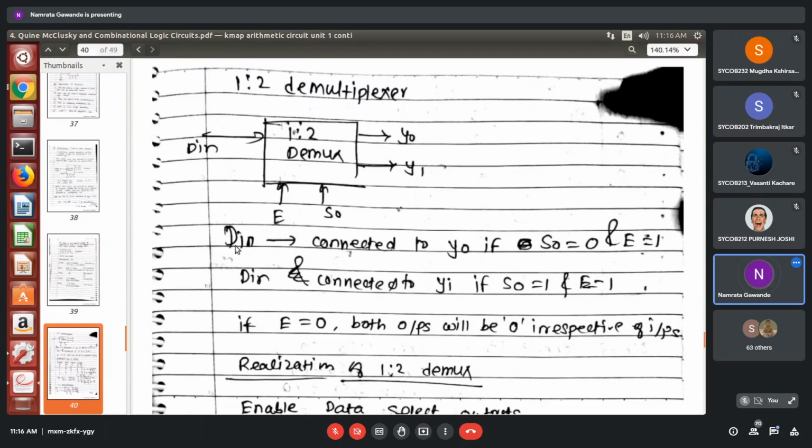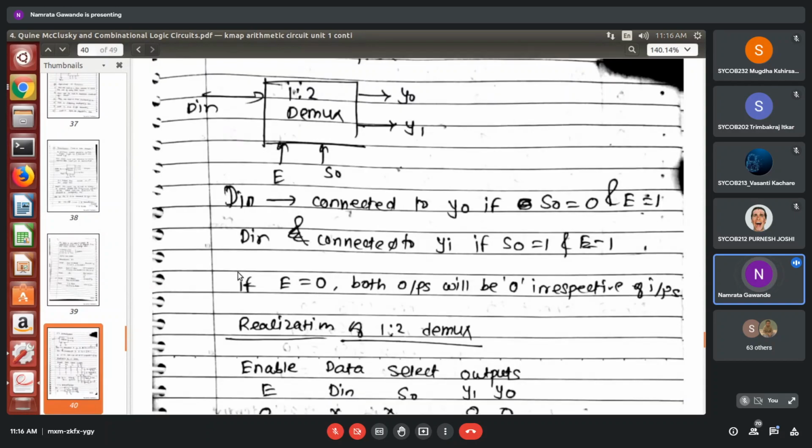Now here just go through these 2 points. D in is connected to Y0 if S0 equal to 0 and E equal to 1. What is E equal to 1? It means E should be connected to 1. Then only this demux IC will be active.